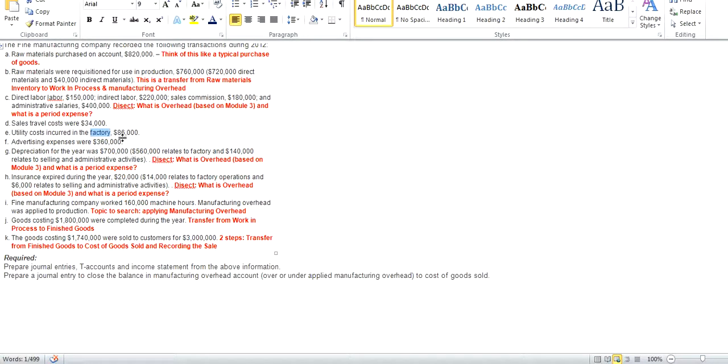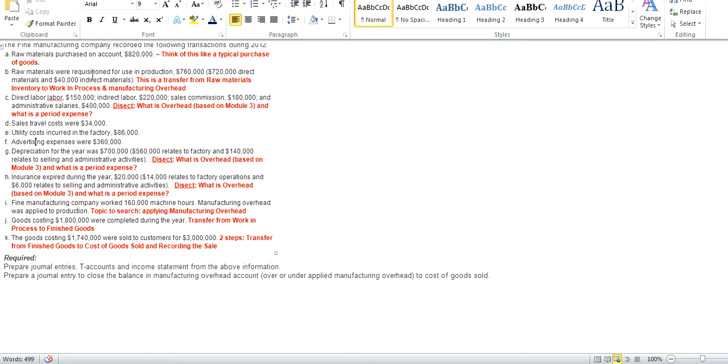But because we're talking about the factory, we're dealing with manufacturing overhead. So we will debit manufacturing overhead and credit accounts payable. Advertising expense is broad, not attributable to the product directly, so we're going to debit advertising expense and credit accounts payable.